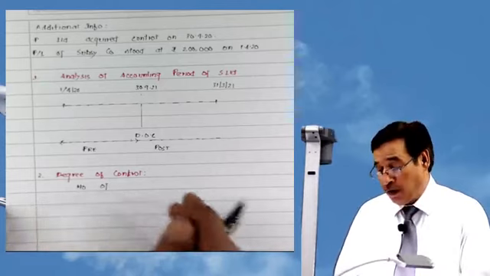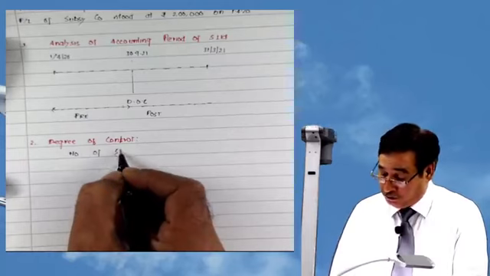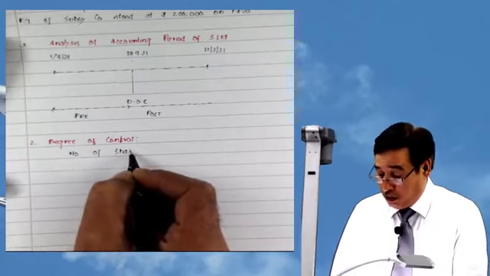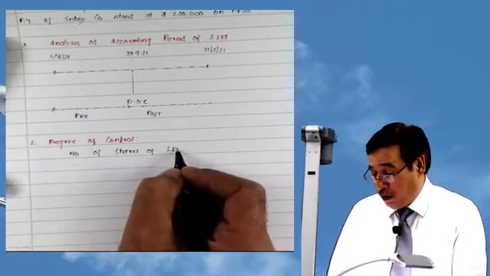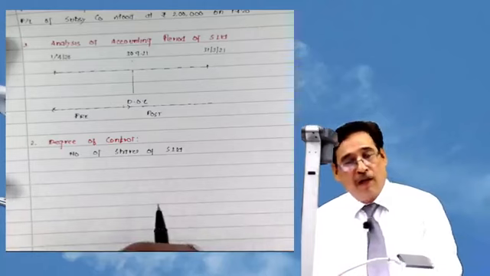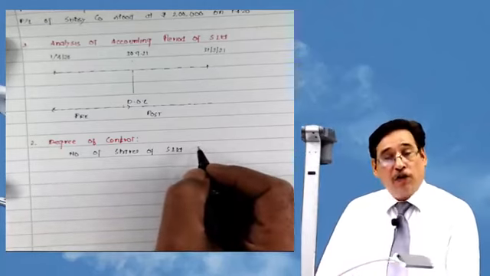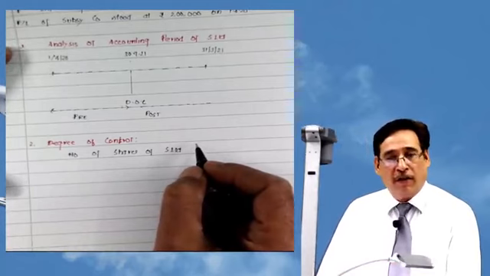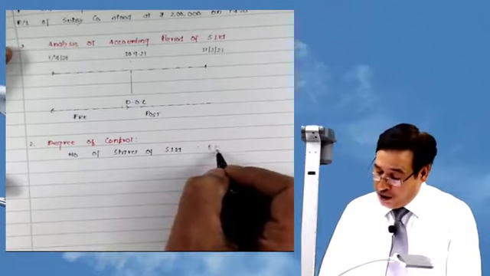So the number of shares of S Limited. You know the total share capital of S Limited happens to be 5 lakh, and one share is of rupees 100. So the total number of shares of S Limited is 5,000.